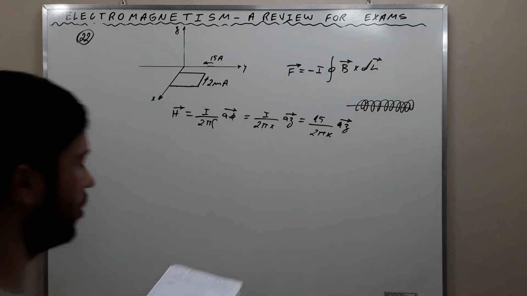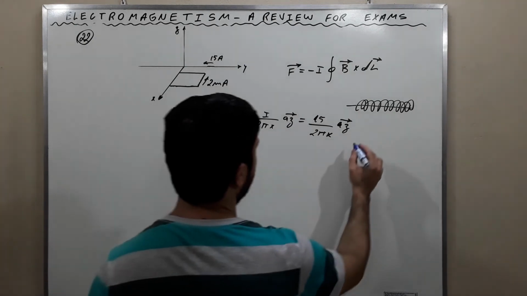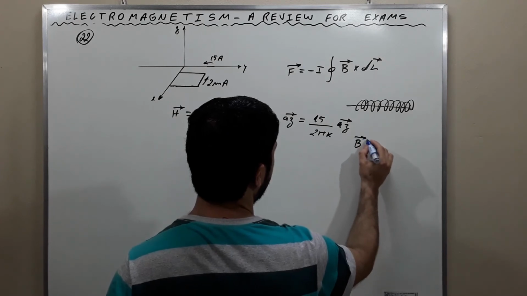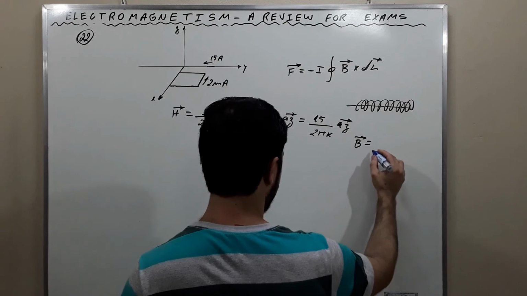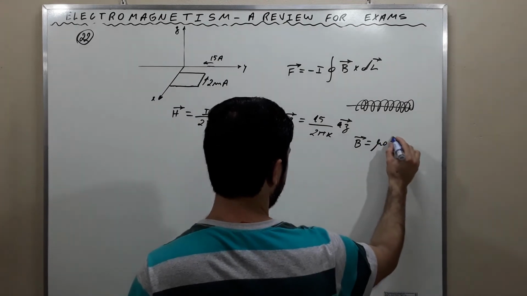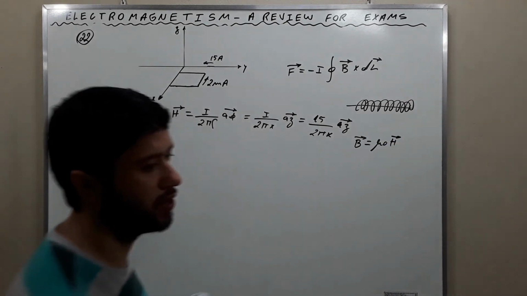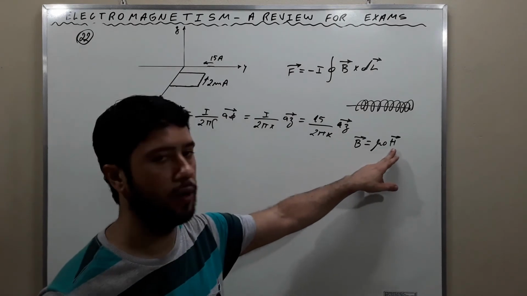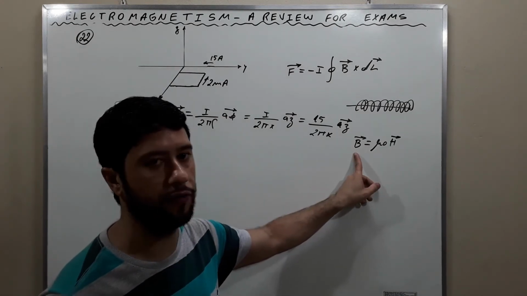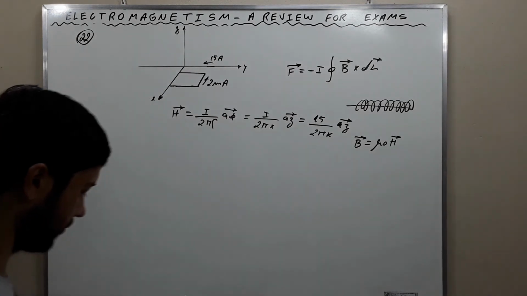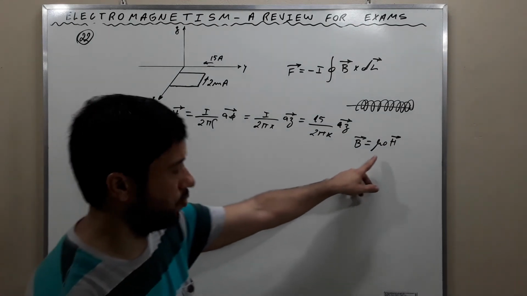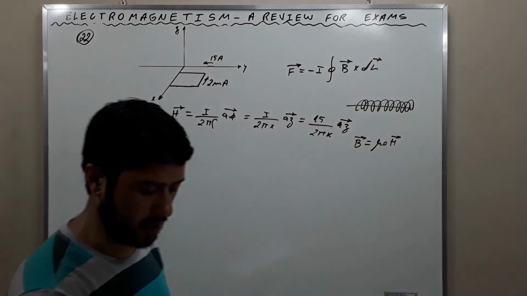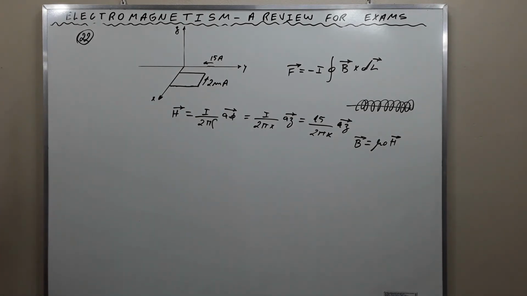And we know that B is equal to mu zero H. This is the relationship between the magnetic field and the flux density. And this mu zero here is the magnetic permeability of free space.